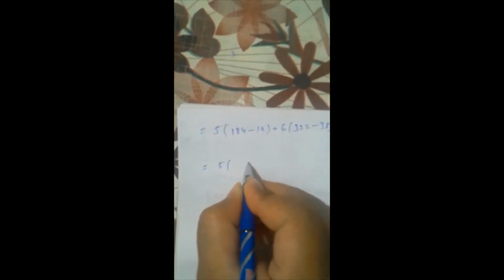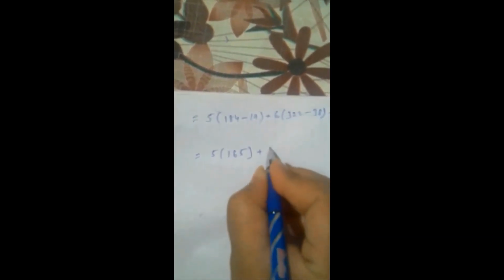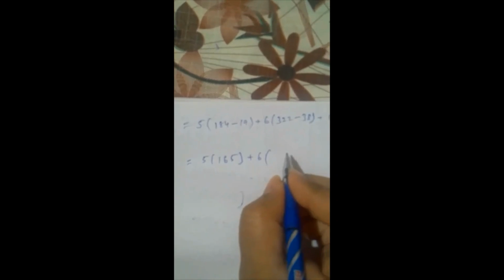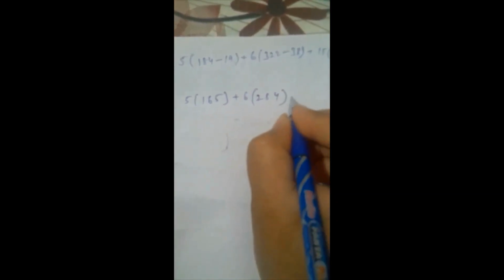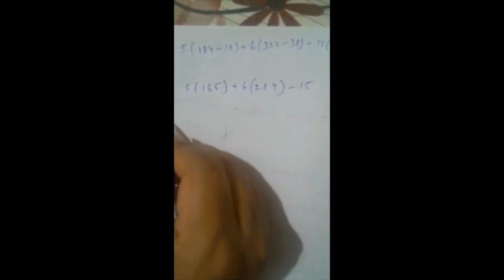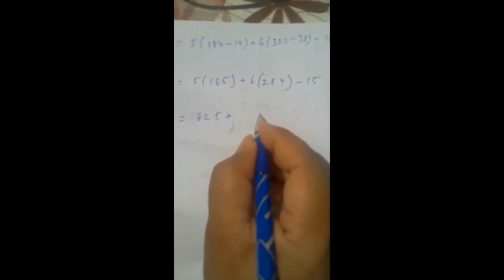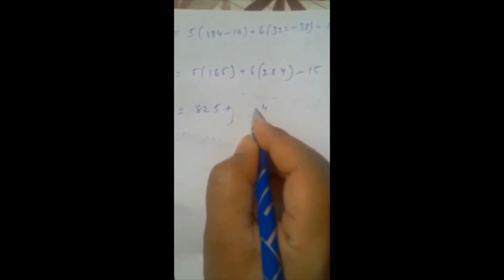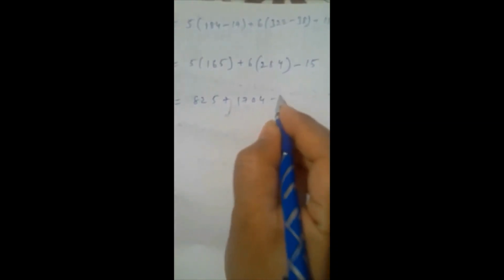which is once again equal to 5 into 165 plus 6 into 284, minus, plus into minus will become minus 15. 5 into 165 is 825, plus 1704, minus 15.